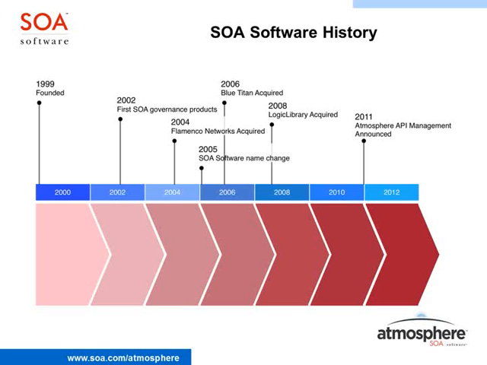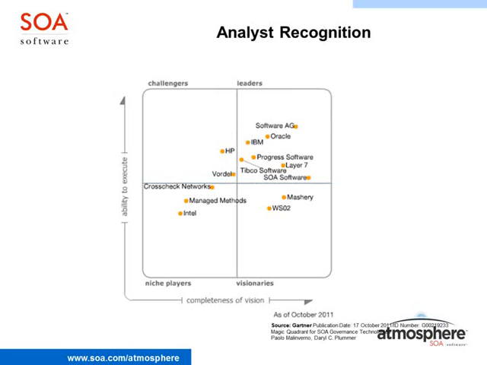A couple of years ago, we saw the emergence of APIs as becoming a key form of business collaboration for enterprises. And so in early 2011, we announced our Atmosphere Enterprise API Management Platform, which is tightly integrated with our SOA Governance Suite, but also shares many of the same successful technology fundamentals that we've built up over a long period of time in that space.